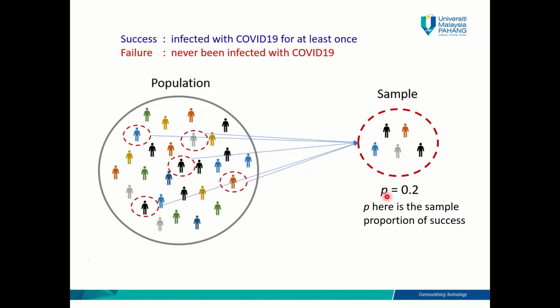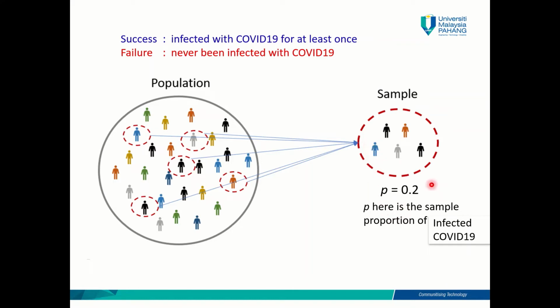So p̂ here is the notation that we use to represent the sample proportion of success. In other words, this p̂ is the sample proportion of students who have been infected with COVID-19 from this sample. So class, this is the sample proportion.